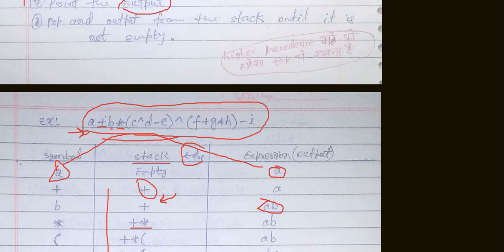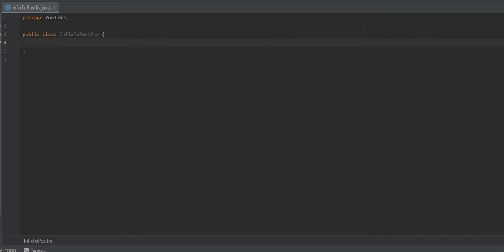Let's see. Now I am using the IntelliJ IDE for the implementation of infix to postfix. As you know, there is a main method in Java, so I am going to create the main method.